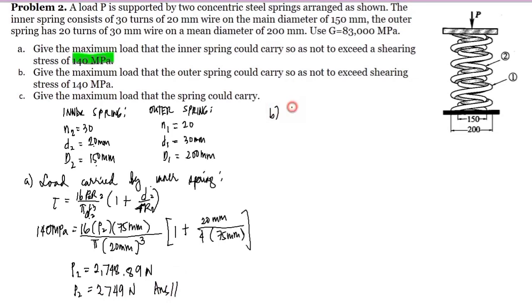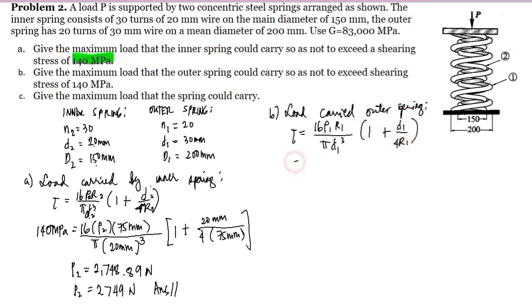For situation B, we are asked to compute for the load carried by the outer spring. We have the stress equal to 16 P1 R1 over pi diameter 1 cubed, multiplied by 1 plus D1 over 4 R1. The stress for situation B is also equal to 140 megapascal.